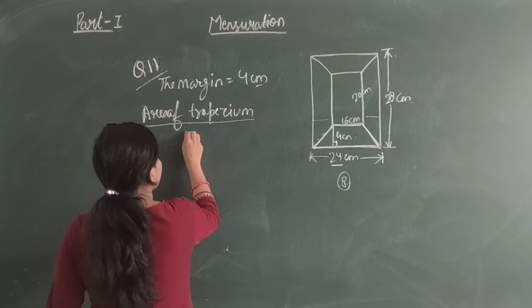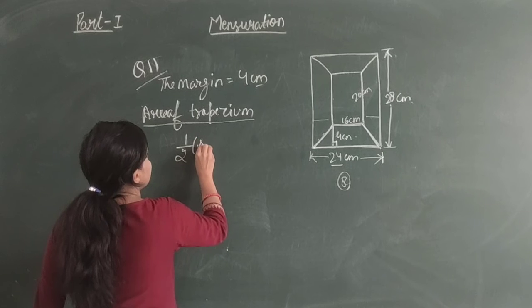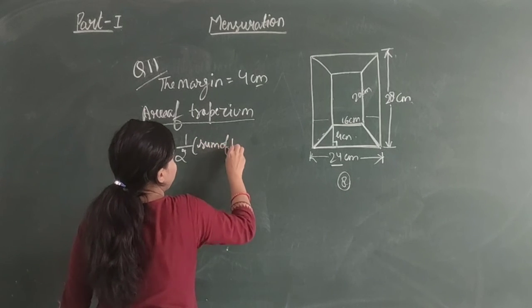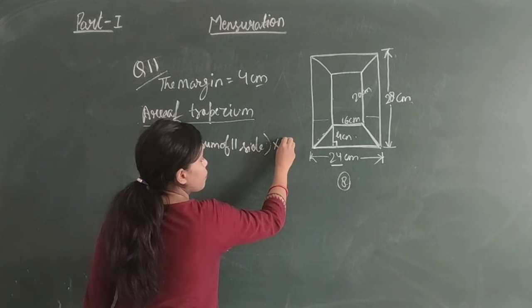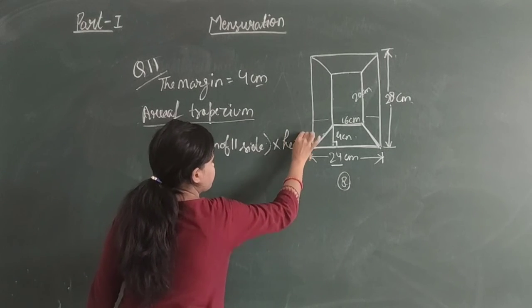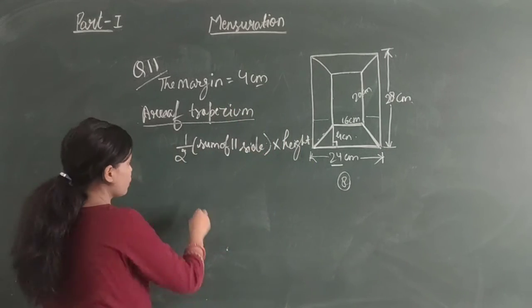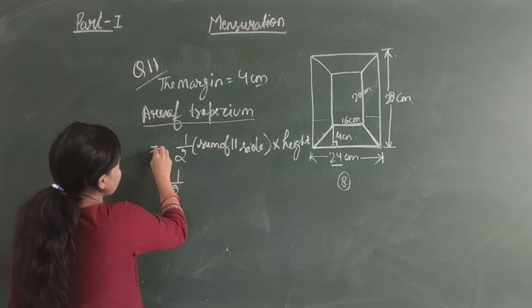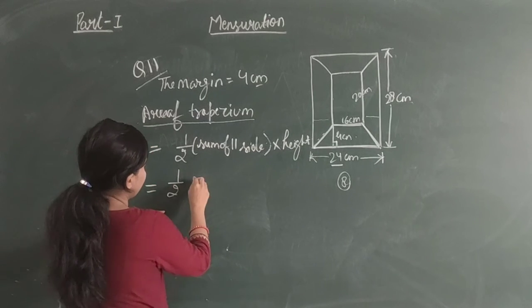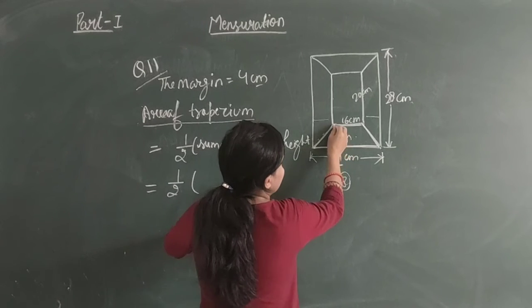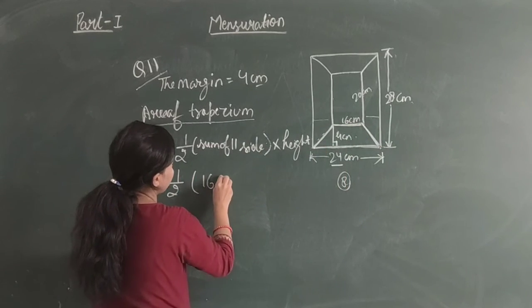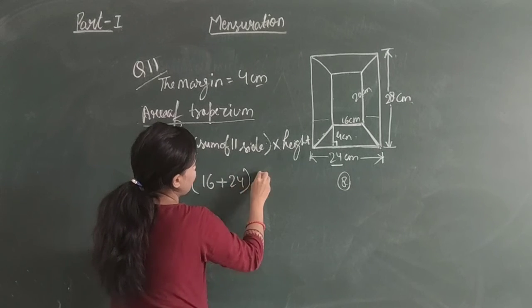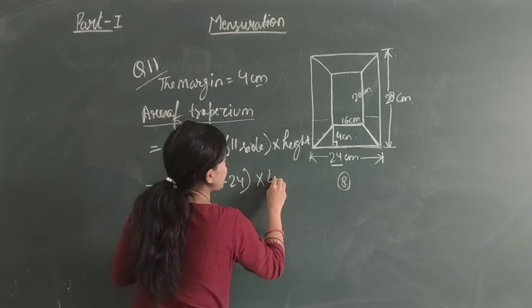So area of trapezium is half sum of parallel sides multiply height, right? Now on putting the values, half, what is the sum? This is 16, this is 24. 16 plus 24 multiply, what is the height? That is 4.